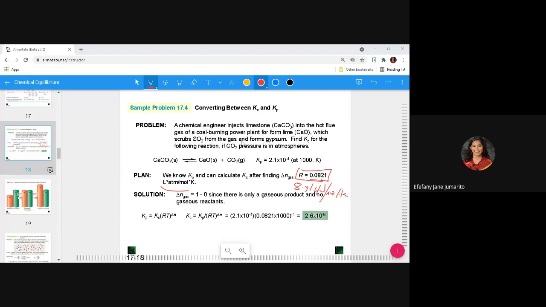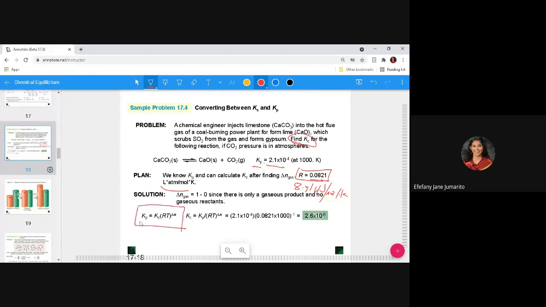Find Kc for the following reaction if CO2 pressure is in atmospheres. Okay, so given that, we have the value of Kp, and then we are going to find Kc. We will only use the formula, class.